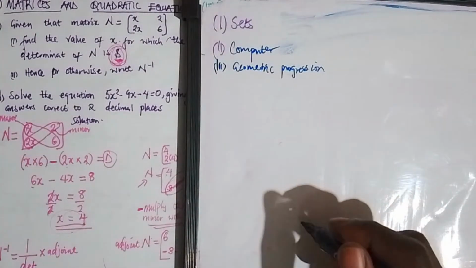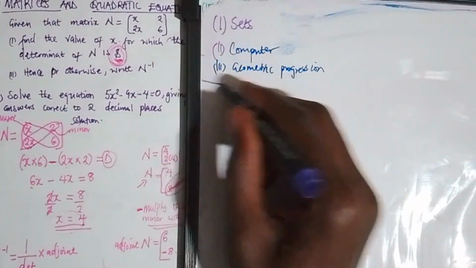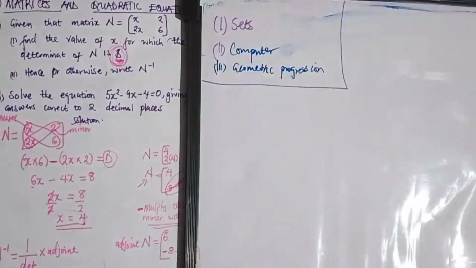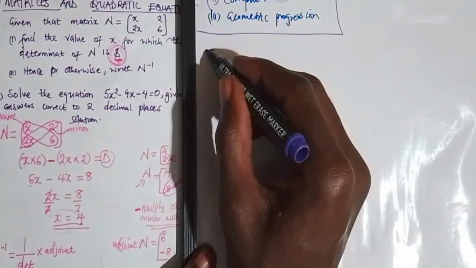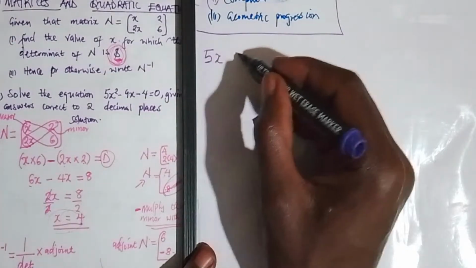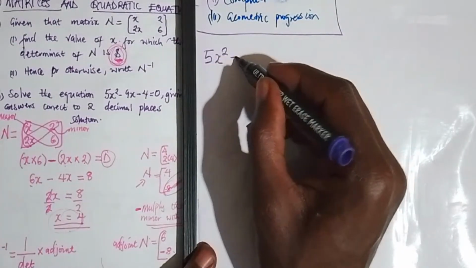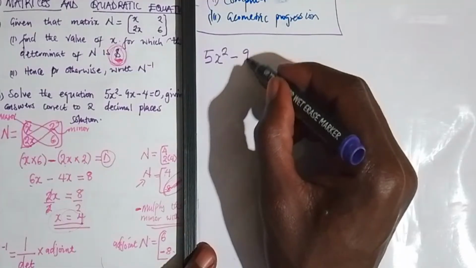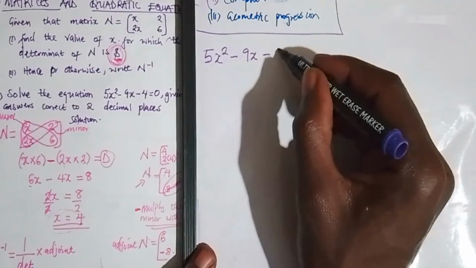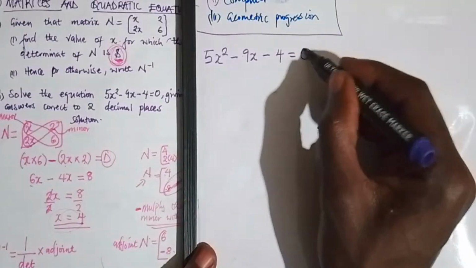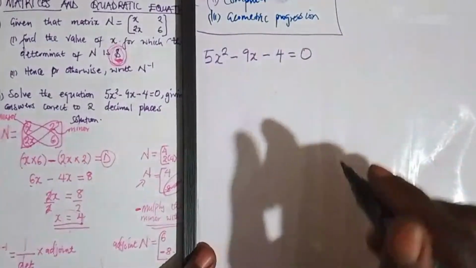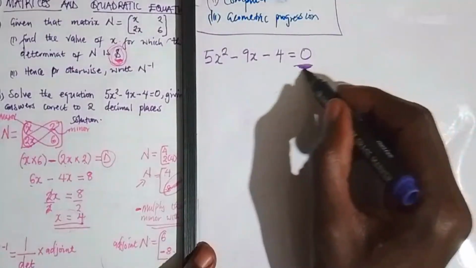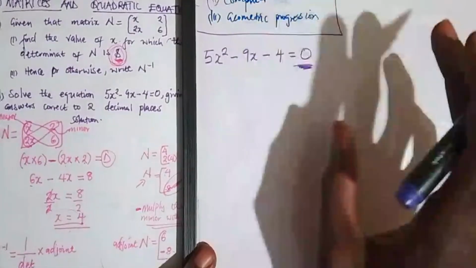So we are saying 5x squared minus 9x minus 4 is equal to 0. The first step is to make sure that after the equal sign, the answer is 0.